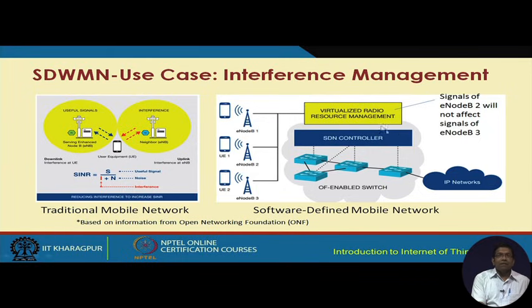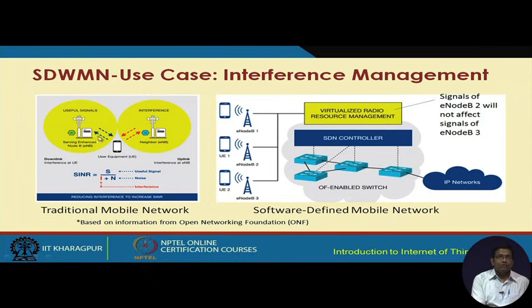So, in a traditional mobile network, when a mobile equipment like this operates, it connects with a base station or an access point for regular data, exchanging data back and forth between it and that access point, and this particular node serves this particular user equipment.